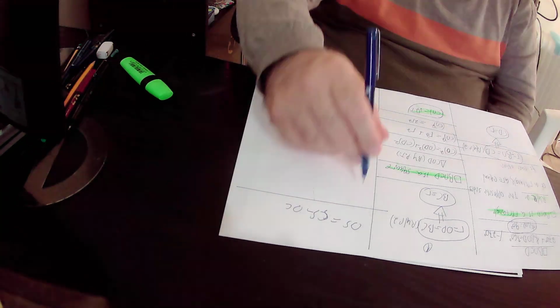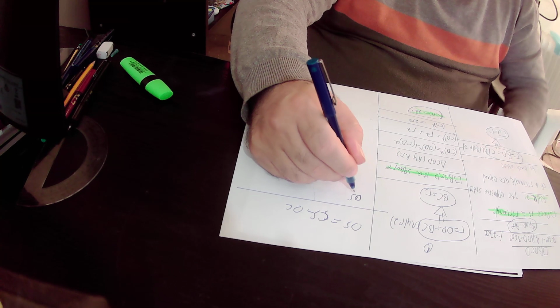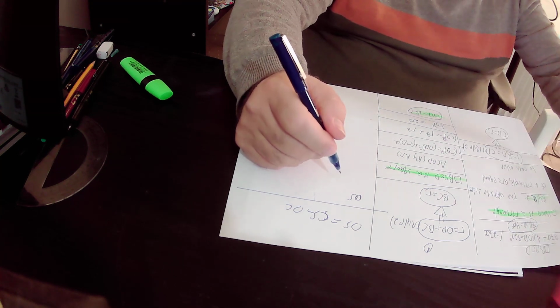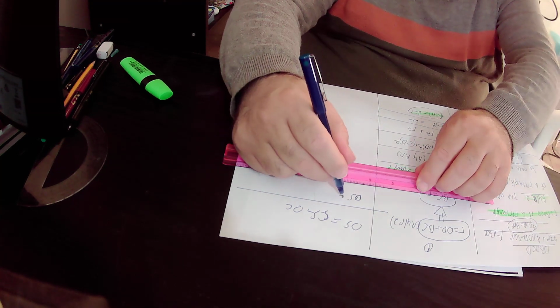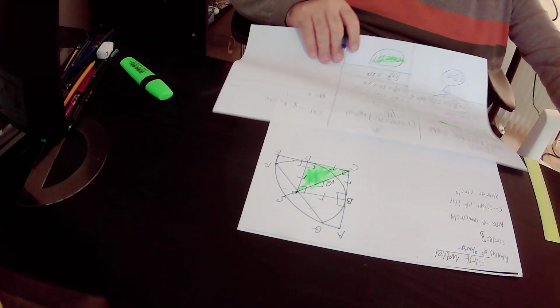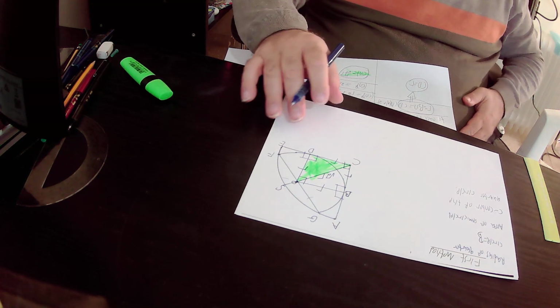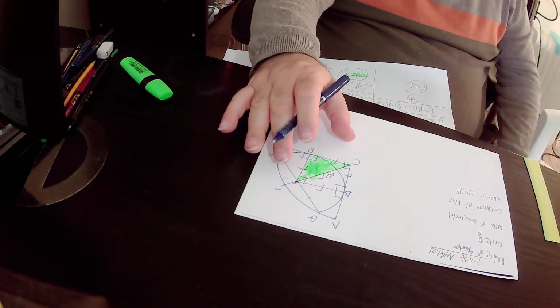So OS, the length of the short line segment OS, will be equal to CS minus CO. Here, CS, what is the length of CS?